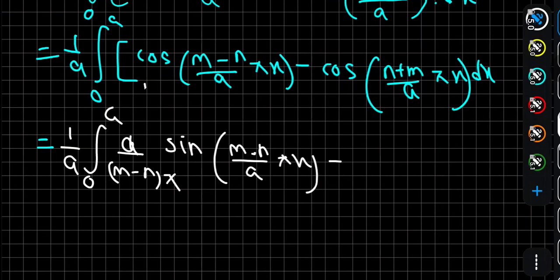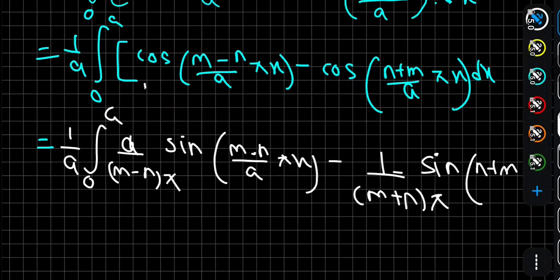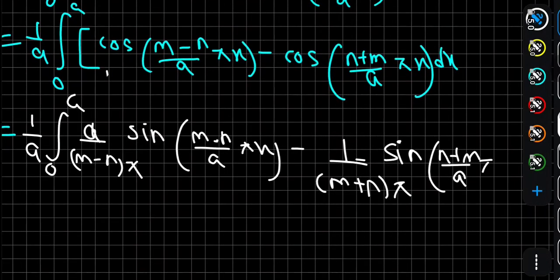For this particular part, it is 1 divided by (m plus n) pi, and here of course sine of (n plus m) by a, let me evaluate it, pi x.